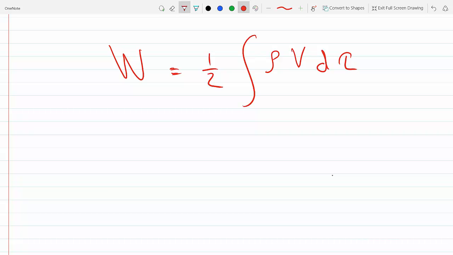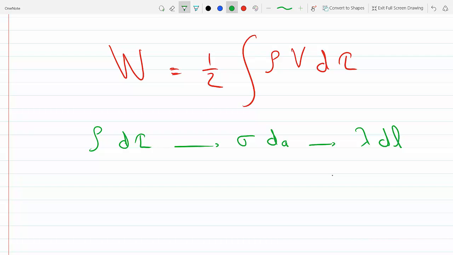If you have a linear or surface charge density, you can always replace rho d tau with sigma dA or with lambda dL. That's how these three always correspond with each other.